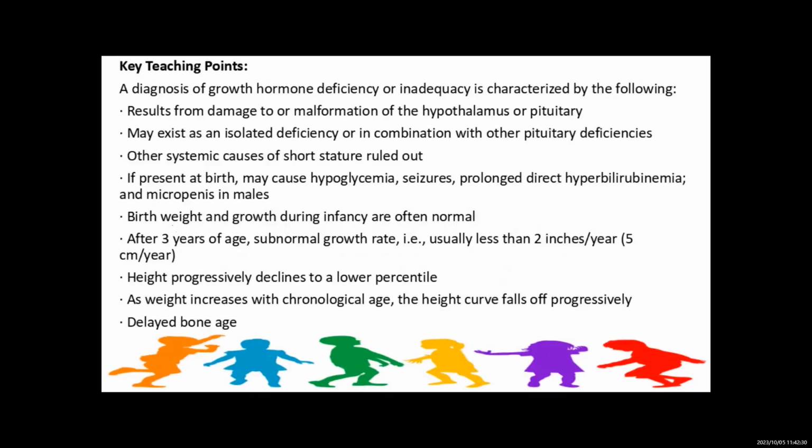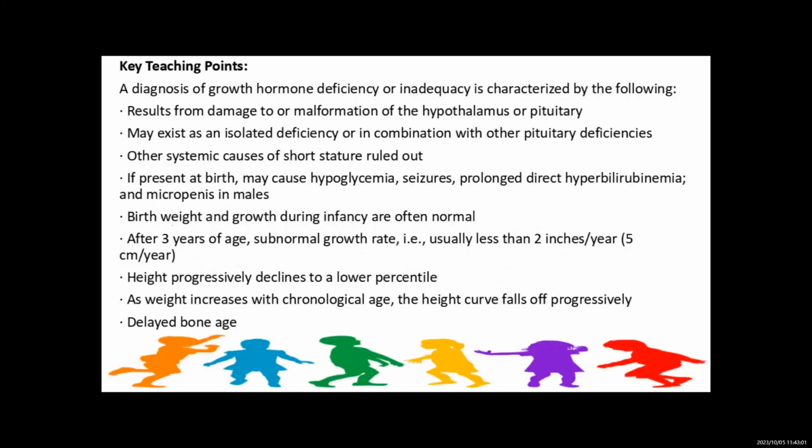Mostly we saw his charts, right? You remember we saw his charts, how as he kept growing up, from 1 year to 8th year, he was always below the 3rd percentile. So his growth rate was subnormal. Apart from that, we already know the height is still at a lower percentile, even after 8 years old, when he was going to puberty.